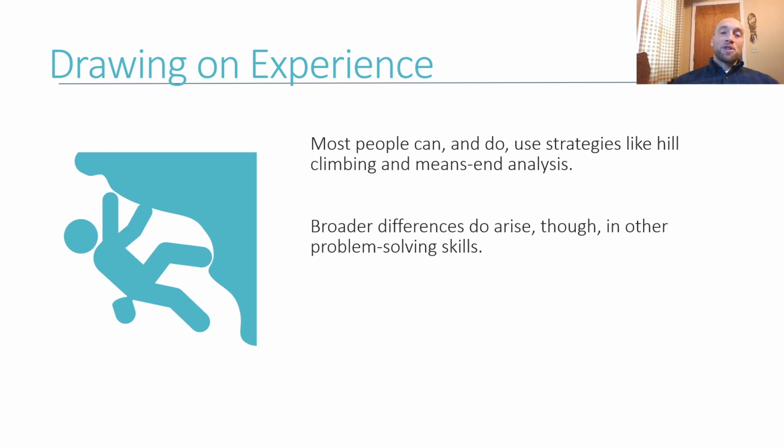And most people can and do use these hill climbing strategies and means-ends analysis to initially sift through many different possible solutions. But our experience and our memory helps consolidate that even further. It helps identify, or even downplay, some of these heuristics.